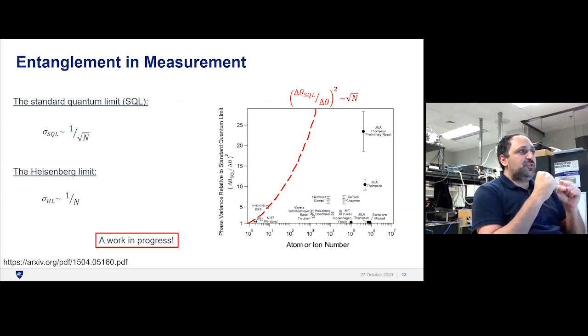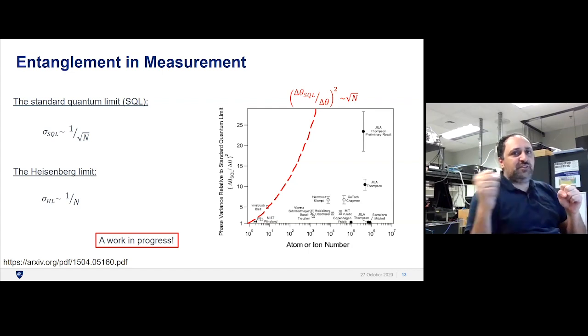Well, your uncertainty is going to be reduced by the square root of the number of atoms you're using for your magnetometer if there's no relationship between the magnetometer atoms. But if they're entangled, then the limit goes down much more rapidly. It goes down as the number, not the square root of the number.